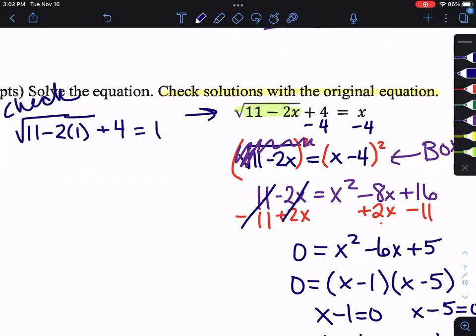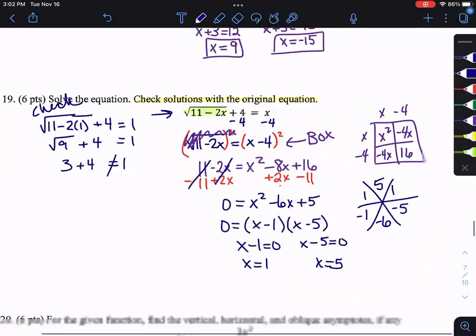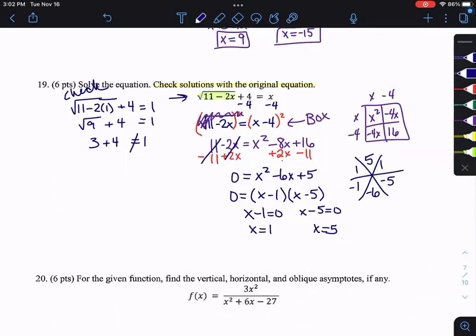Then I'm just going to simplify each side individually. I'm going to take 2 times 1, which is 2, 11 minus 2, which is 9. So I have the square root of 9 plus 4. Well, the square root of 9 is 3. 3 plus 4 definitely isn't going to equal 1. So right there, automatically, I see that this is going to be extraneous.